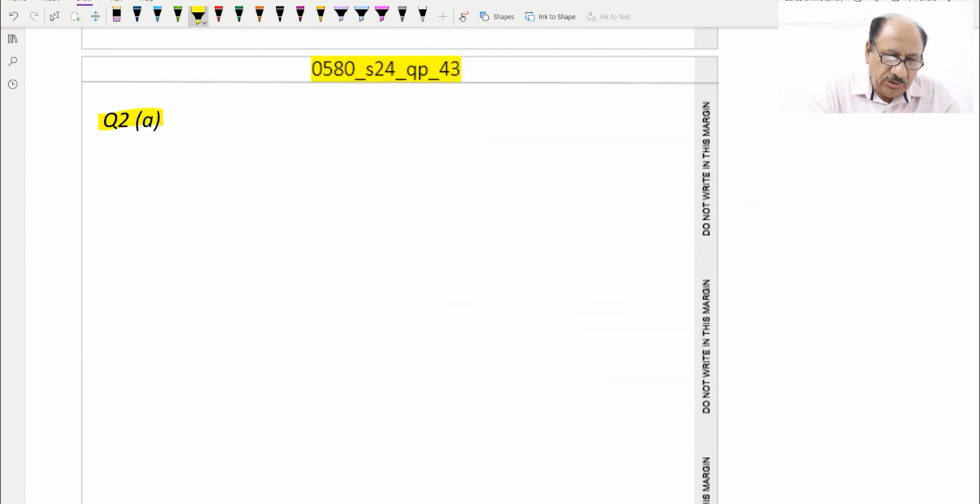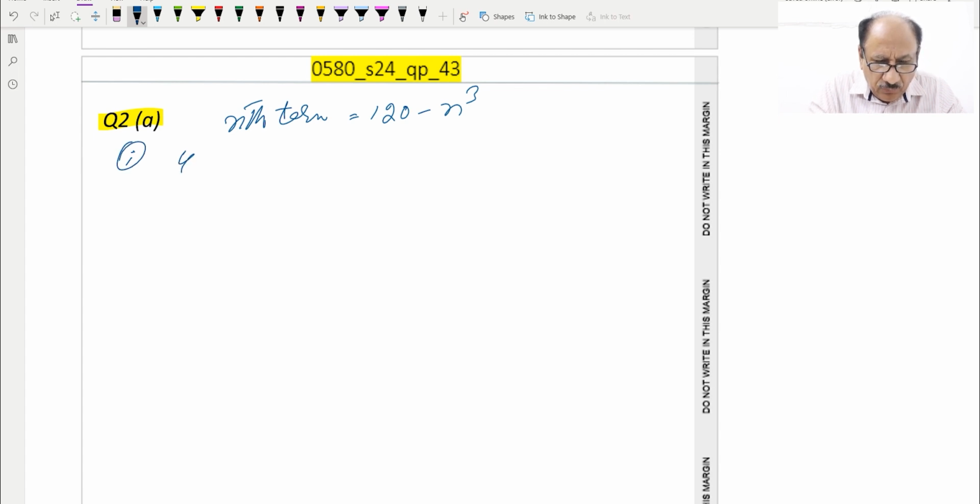Question number 2, part a. The nth term of a sequence is given, which is 120 minus n cube, and they're saying part i, find the fourth term of the sequence. So the fourth term we need to find.